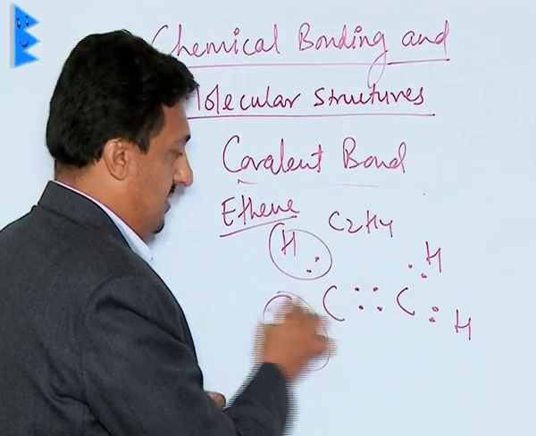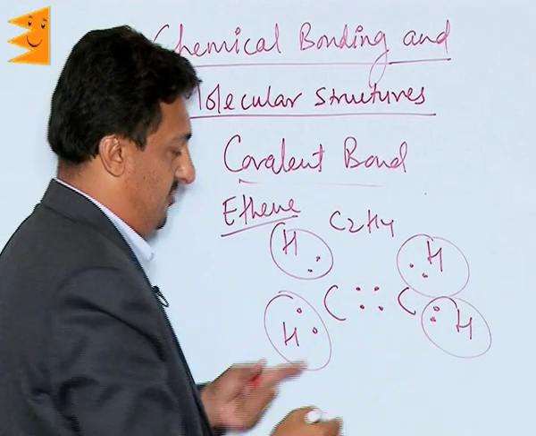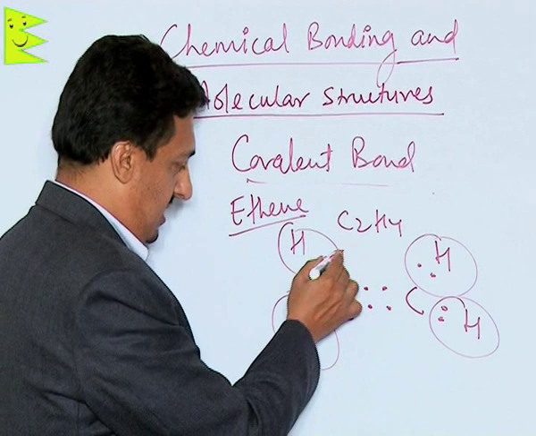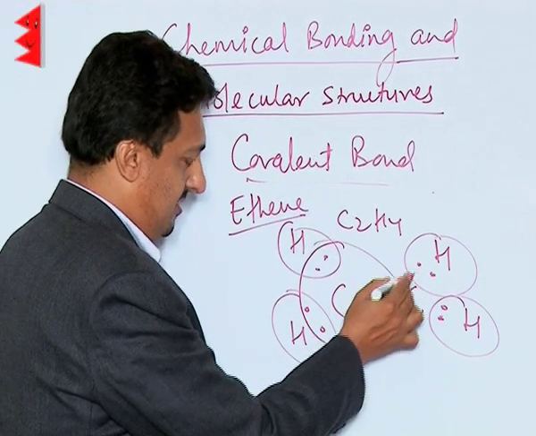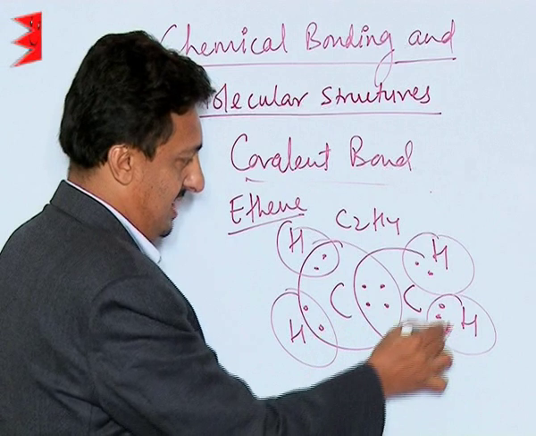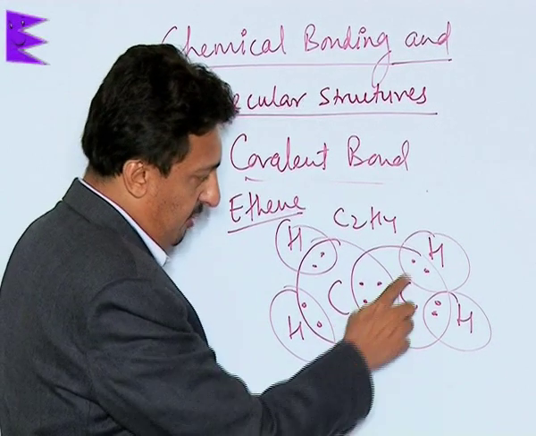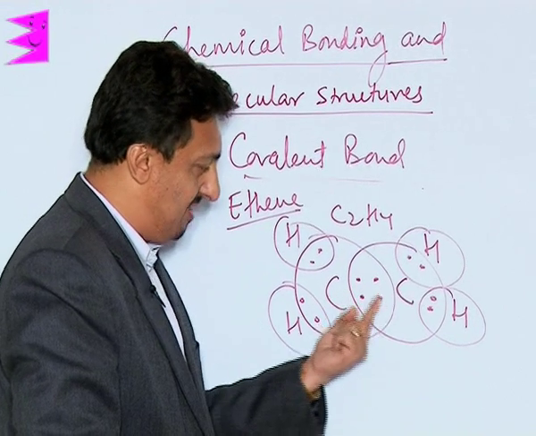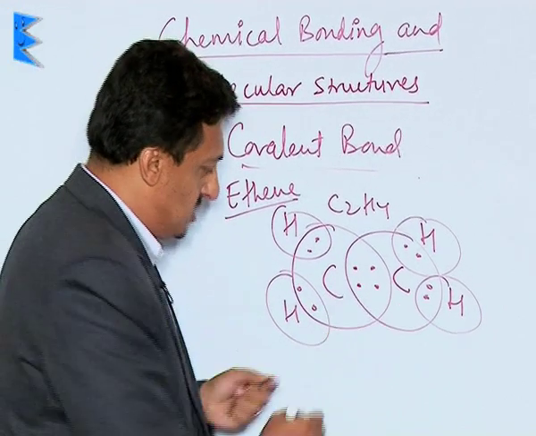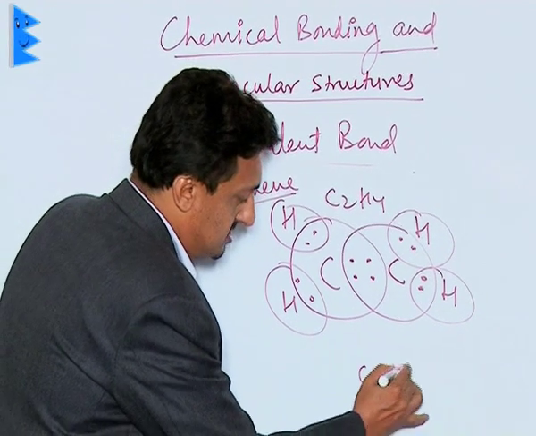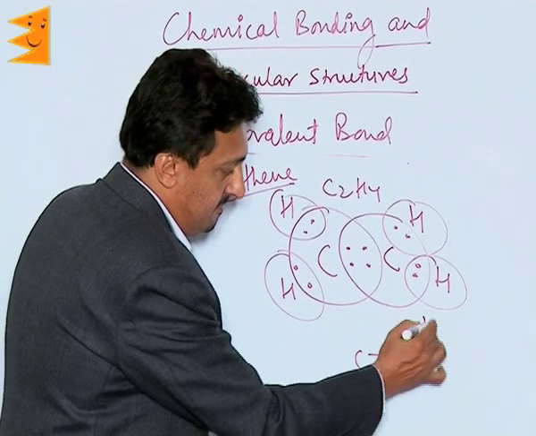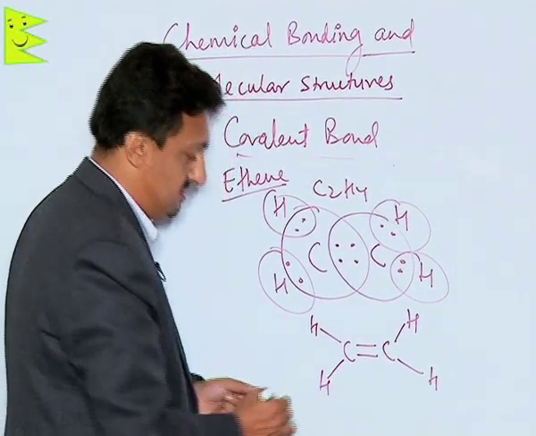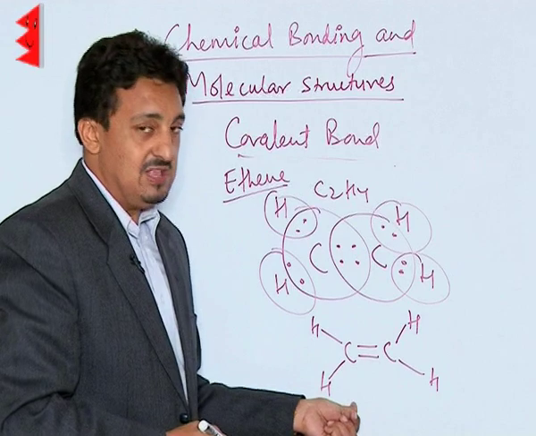In this you can find these are the 2 hydrogen atoms with each carbon, which are completing their 2 electrons, and this is the sharing of electrons which is taking place. So each carbon is completing its octet. And these are the 2 pairs which are shared between the 2 carbon atoms. So the representation of this molecule is 2 bonds between the 2 carbon atoms, and 1 single bond with each of the hydrogen atoms like this. So this is your simple ethene molecule.